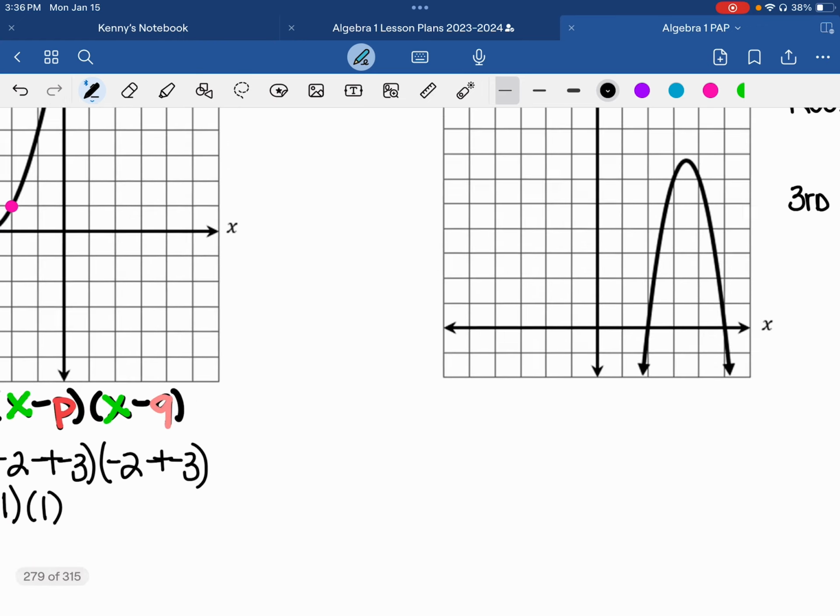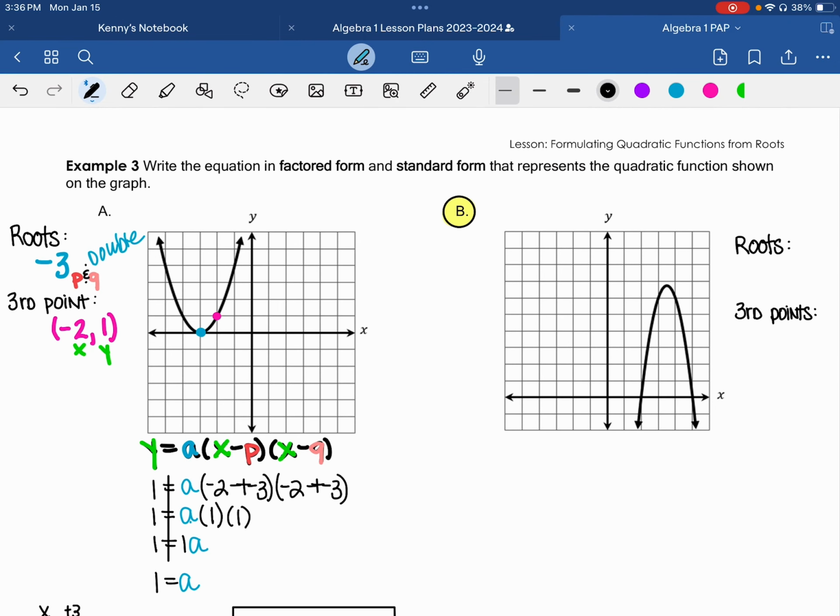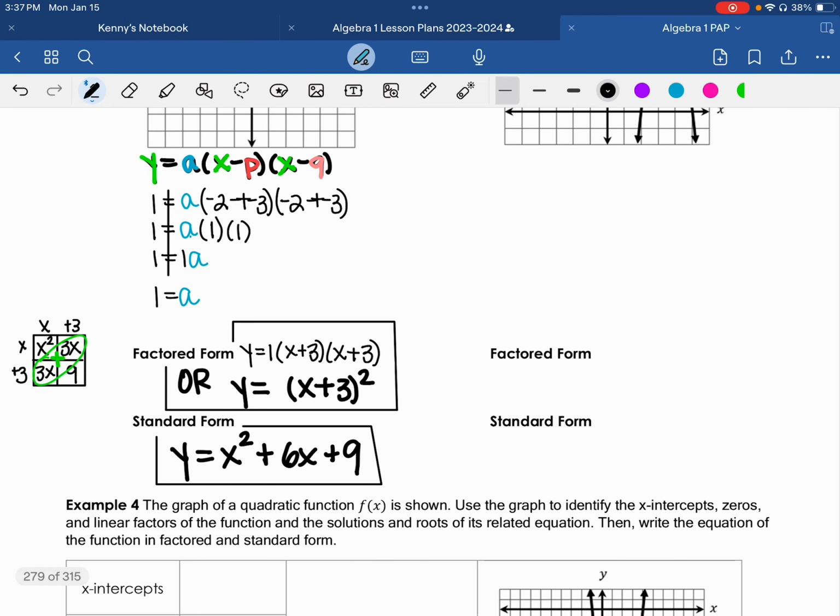All right, I encourage you on part B to go ahead and pause the video and then go ahead and check your answers. For your factored form, you should have a form that looks like this.